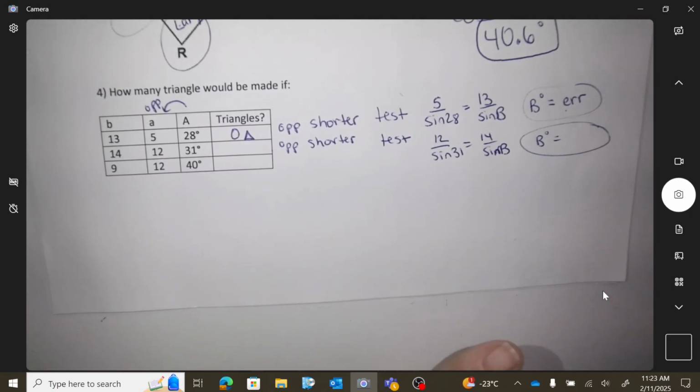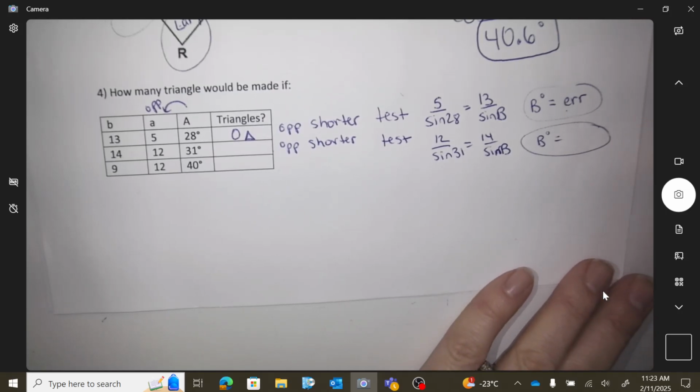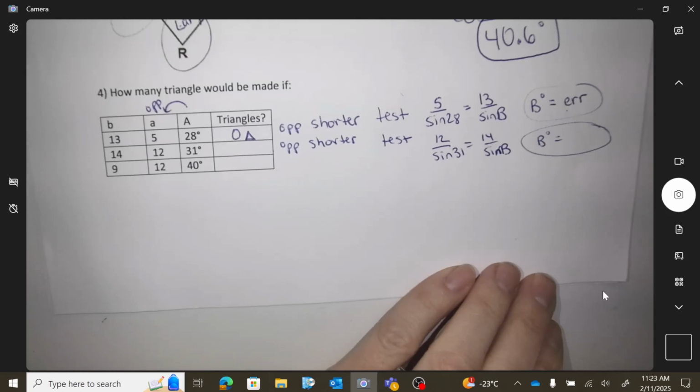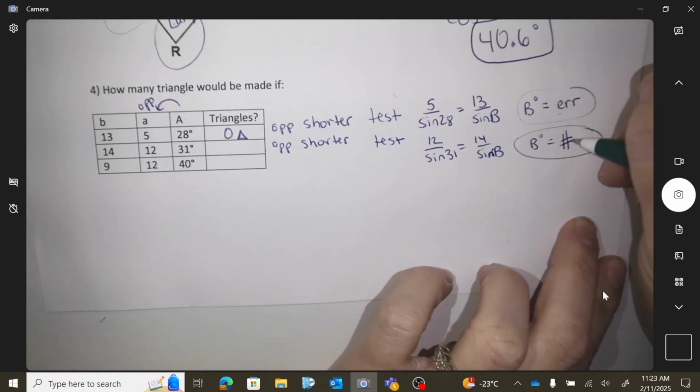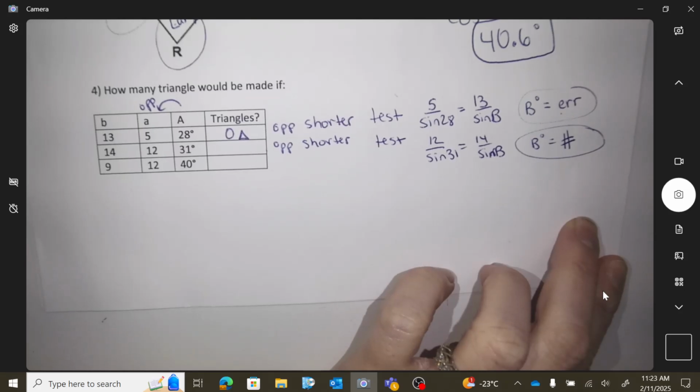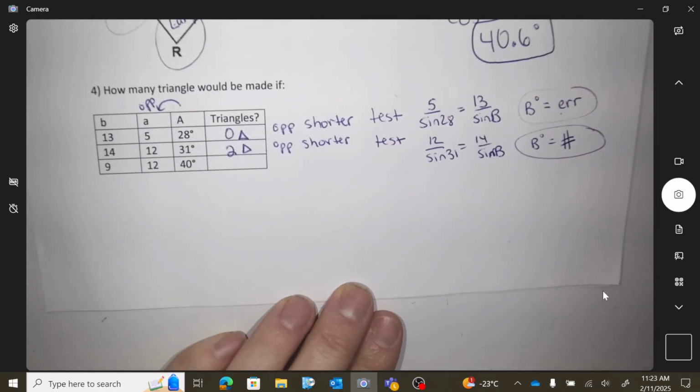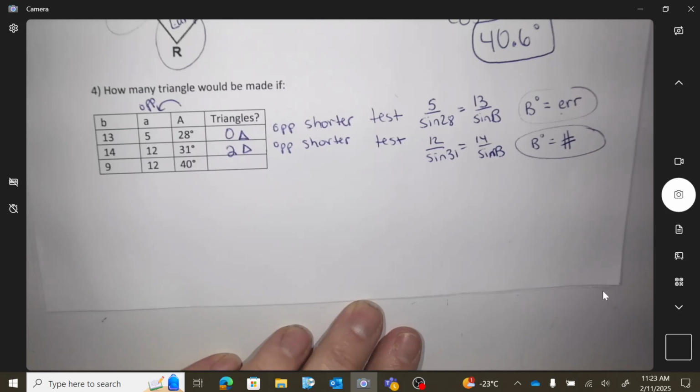Okay, so times, divide, inverse, and then all you're trying to ask is there a number or an error? I got an angle number, so this is going to tell me that this is an ambiguous situation.